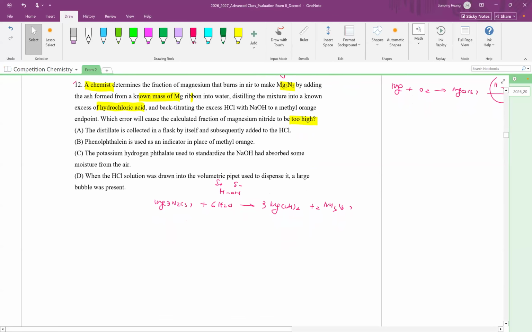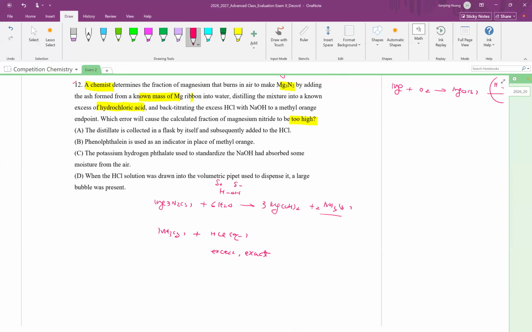Now the next one is what? The ammonia is distilled. See, here it's ammonia. You distill it, okay, into HCl. And that one is in excess. Exact. Every time I say excess and exact, what does it mean? We will have a back titration. Why?